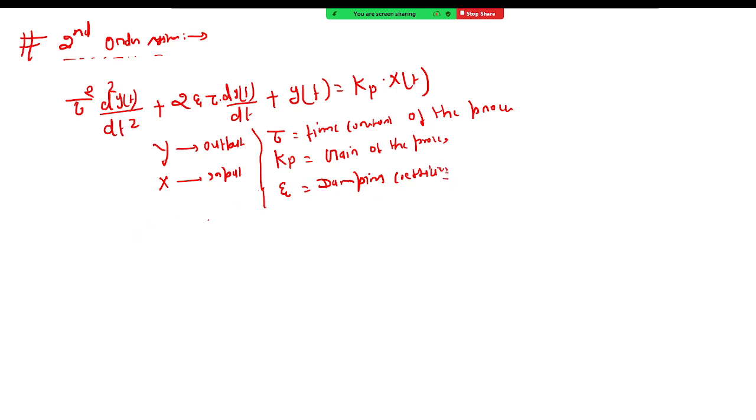So I hope these things are clear to all of you. I have written the individual meaning of all these parameters that are involved in this differential equation.